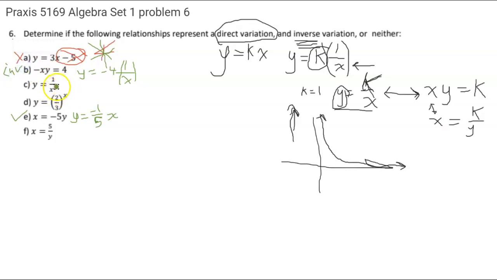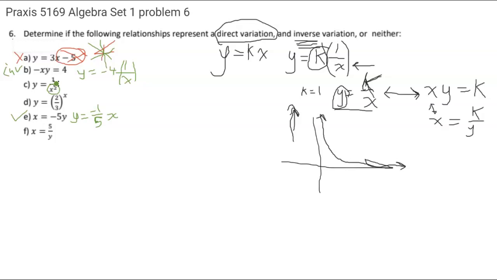What about this one? C is very interesting. It has an inverse relationship, but it's not that direct inverse relationship. There is some kind of inverse because as x grows large, x squared grows larger and the fraction grows smaller. I'm not sure you'll have to deal with this for the Praxis, but that relationship is inverse square variation.